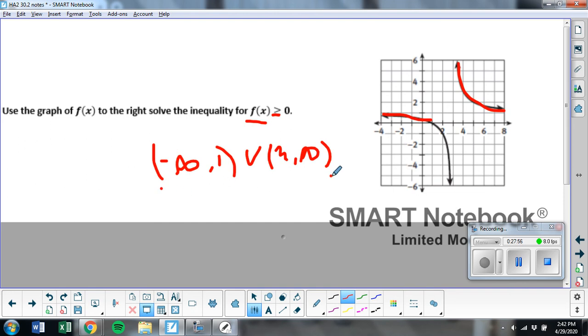These are fine, because anytime you have infinity, you're going to have a parentheses. A vertical asymptote you are not going to touch. It looks like we have a vertical asymptote right here at, we are guessing here for this number, since we don't have it specifically listed out for us. So this is 3, so that's going to stay. But this one will be a bracket, and that would be my answer.